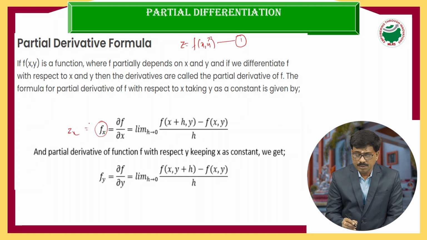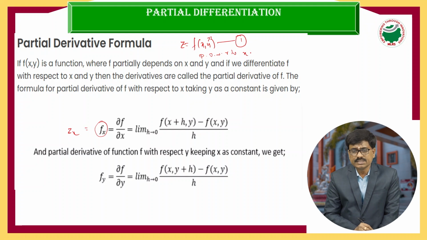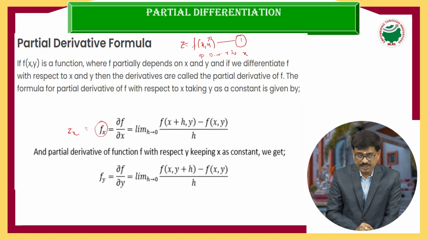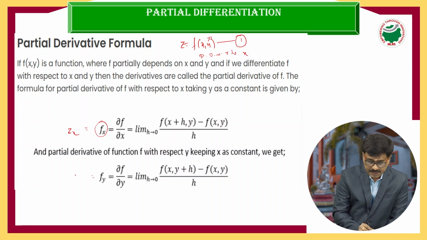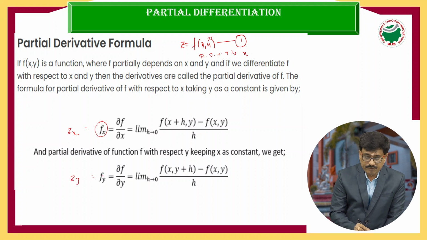This is the partial derivative with respect to x, where we treat y as a constant. Similarly, in equation 1, if I write the partial derivative with respect to y, I treat x as a constant: dou f by dou y, or fy, or zy.